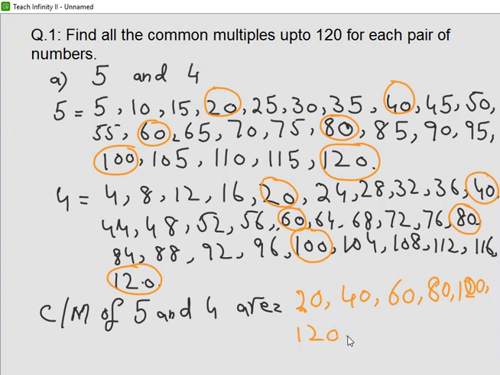So these are the common multiples of 5 and 4. This is question number A. I think you got the question.